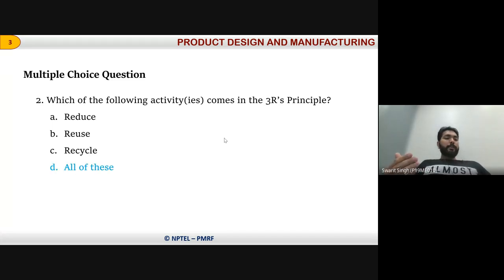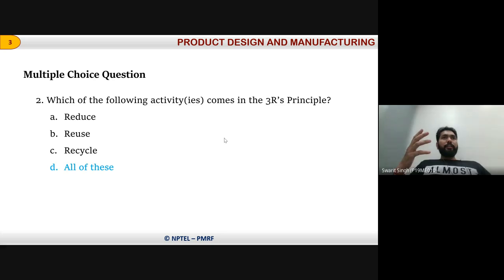So the 3 R's principle itself, there are 3 R's: reduce, reuse, and recycle. So we have to reduce the consumption or utilization of those products or materials which are harming the environment. Always, as a firm or any product designer, or as a human being, we try to reduce the consumption of those products which are harmful for the environment.